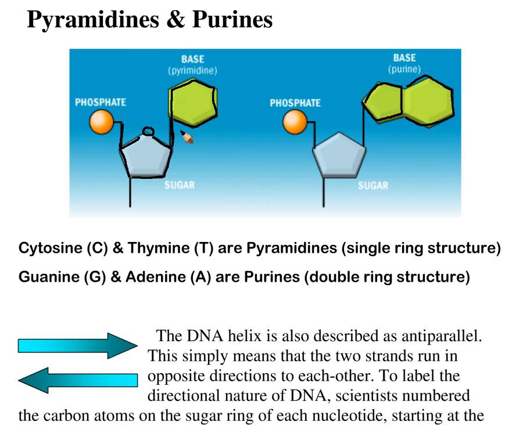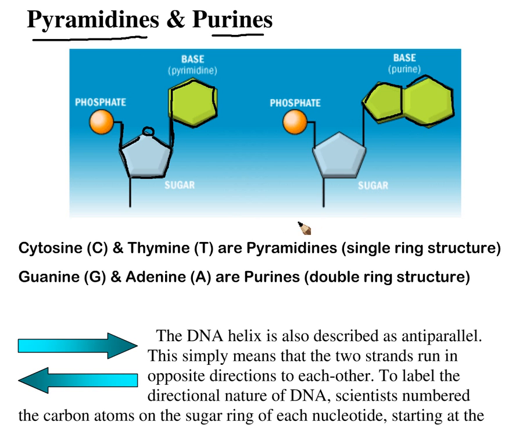So we call these single ring structure ones pyrimidines. The best way to remember this is it's back to front. The pyrimidine is the long name, and it's the single ring, whereas the purine, they had to get it back to front, the short name is the longer one, the double ring base.